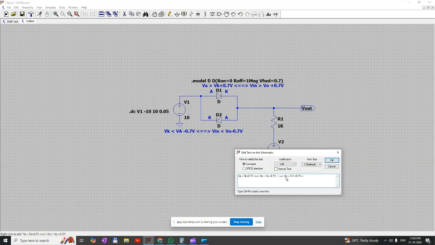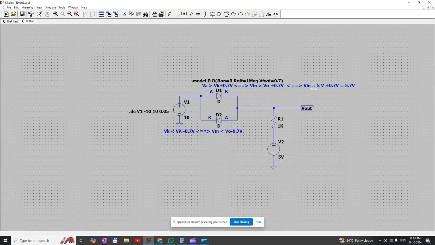How much is it? 5.7 volt. When V in is more than 5.7 volt, only then D1 is going to conduct.